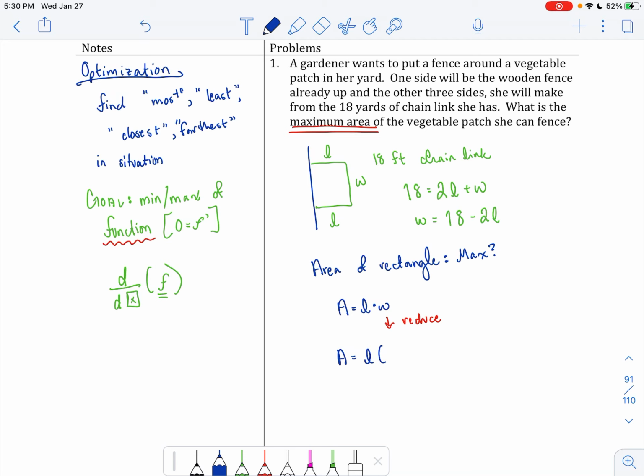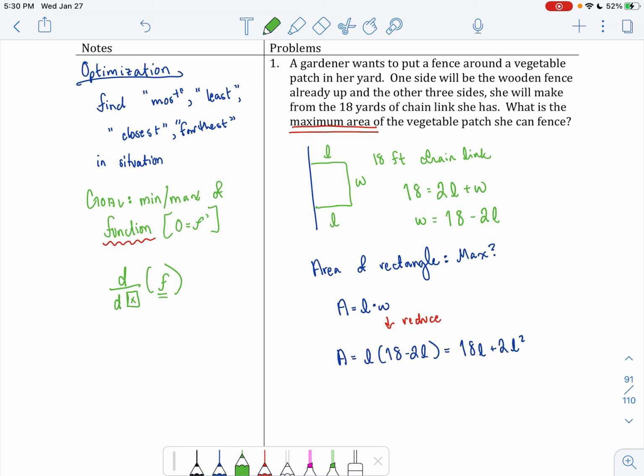So now I have area is equal to L times (18 minus 2L), which is 18L minus 2L squared. And this is what I mean by reduce variables. Here we had length and width as two variables.